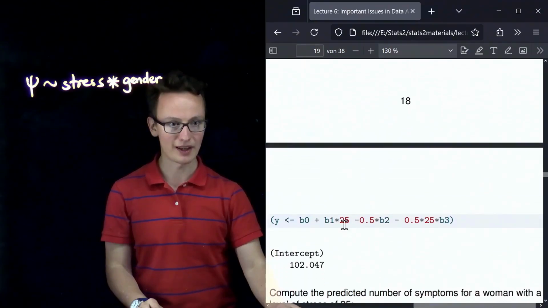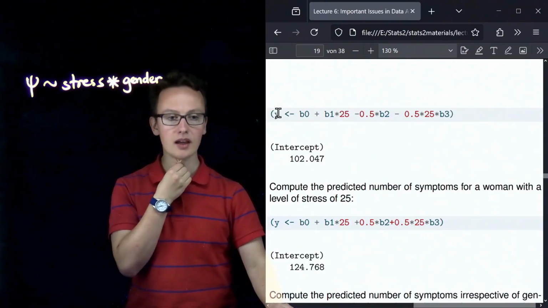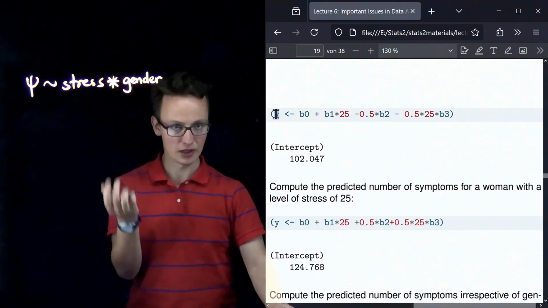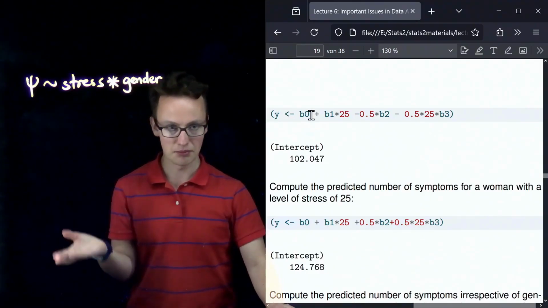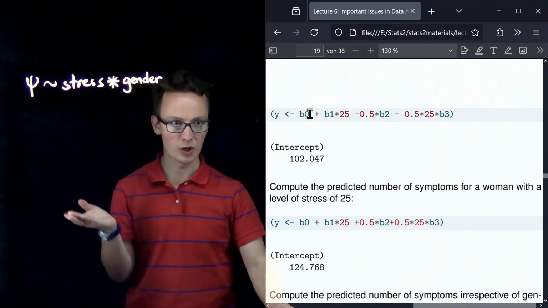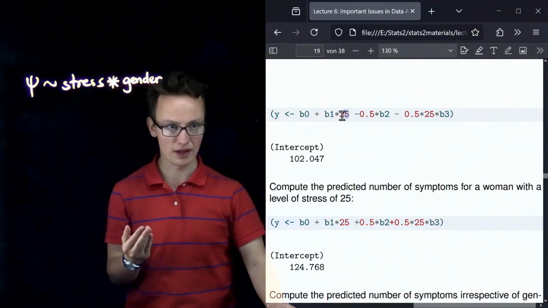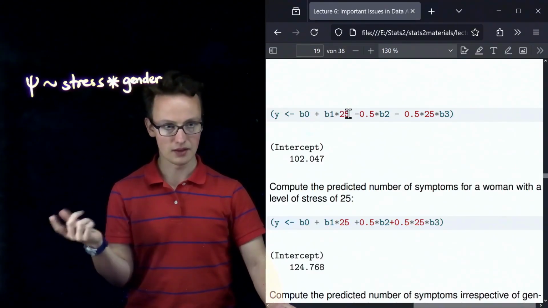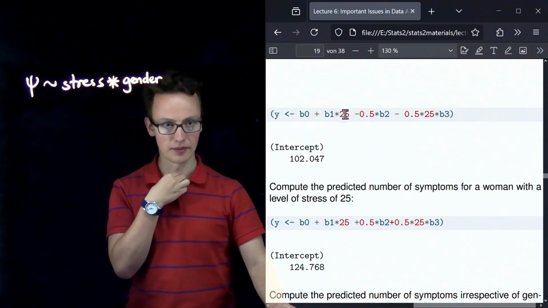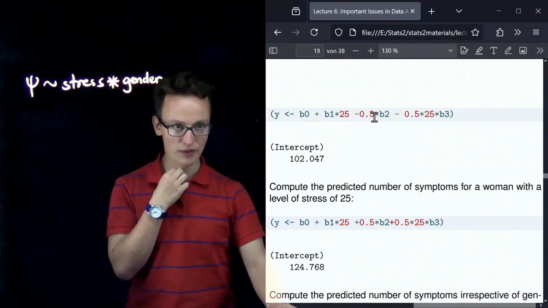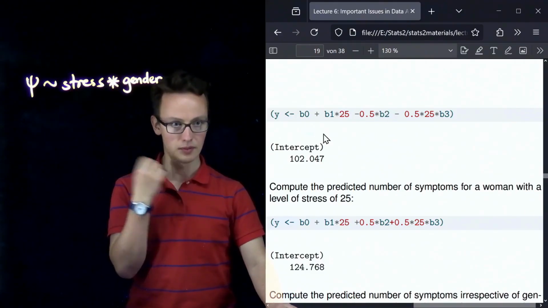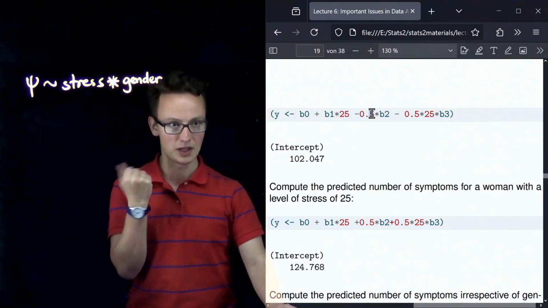So we plug all of these into the formula, so we say our predicted y, our predicted psychological symptoms will be equal to the intercept, B0, our estimate for the intercept from the model, plus B1 times 25. That's the first slope times the value for the first predictor, stress. Then minus 0.5 times B2, minus 0.5 coming from him being a man.